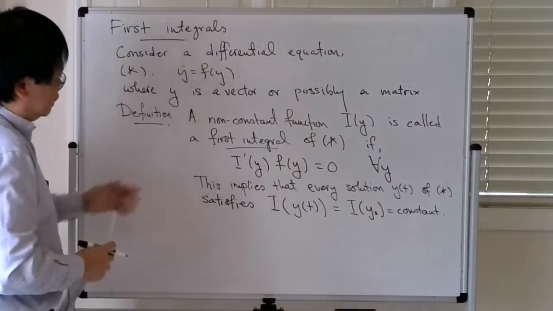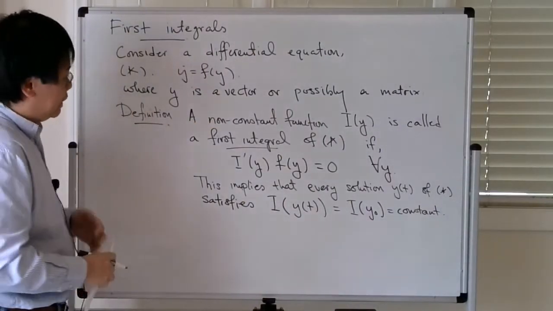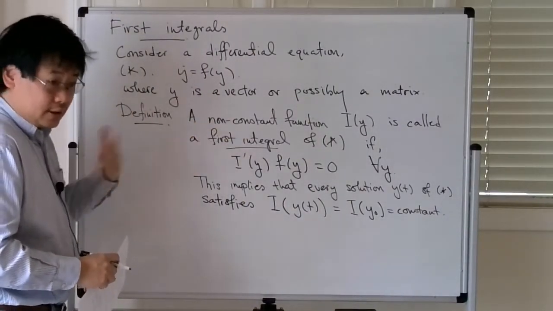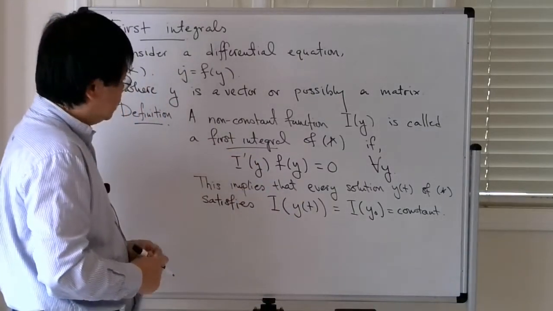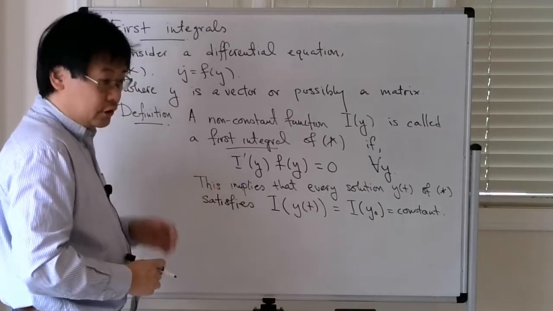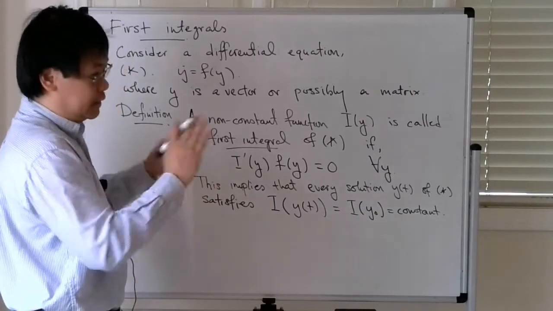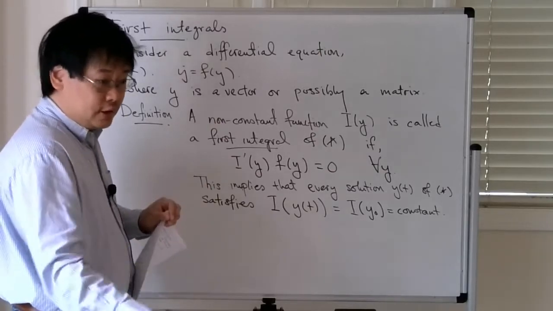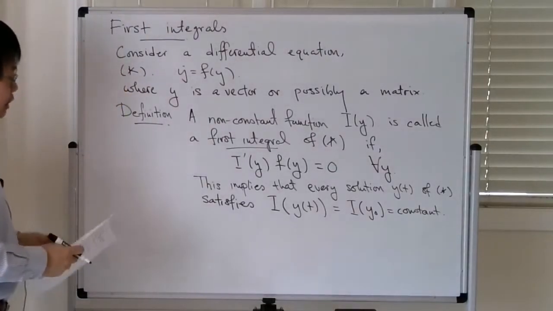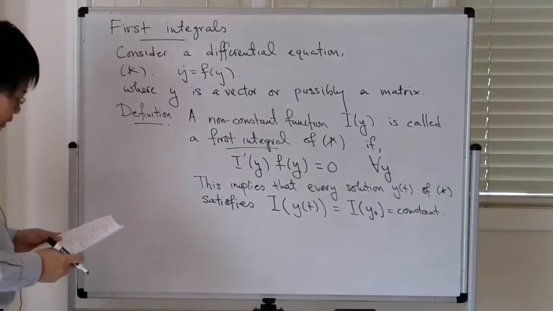Again, this is not to say that I is a constant function. The assumption is that I is not constant, otherwise obviously a condition like this would trivially hold. So you're looking for functions which are not constant functions on the entire domain, but happen to be constant when restricted to a solution curve of the differential equation. Okay?